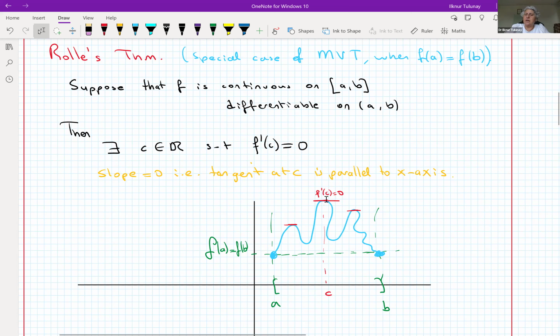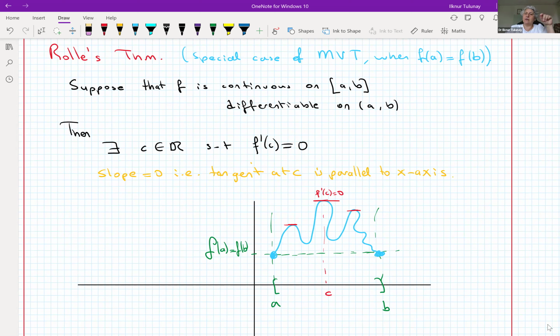And this point c is telling you that whether it is going up or down, you might have some other things. Imagine that you have some function like that. So this point will be a point where f'(c) is equal to 0 here as well, right? Or it can go so far down too. It could go like this too. So still, you have a point which is parallel to the x-axis. You have these kinds of options.